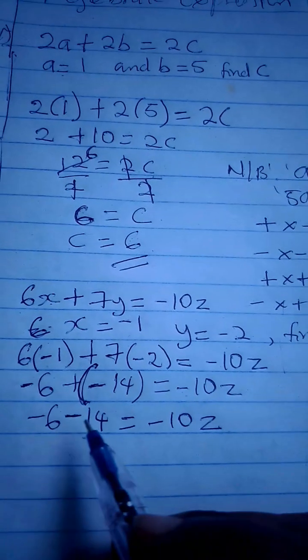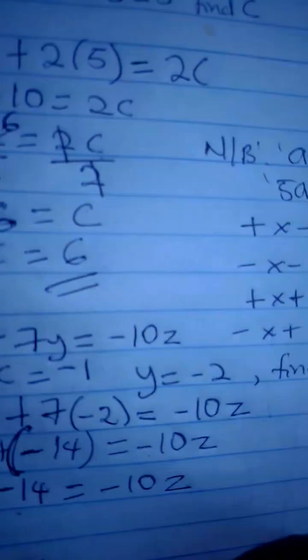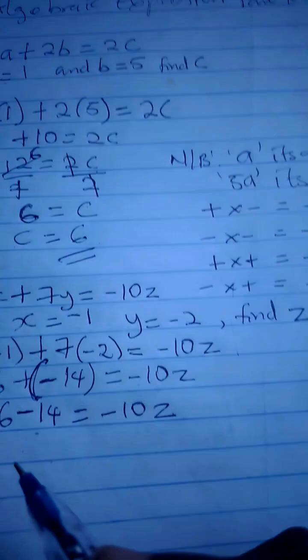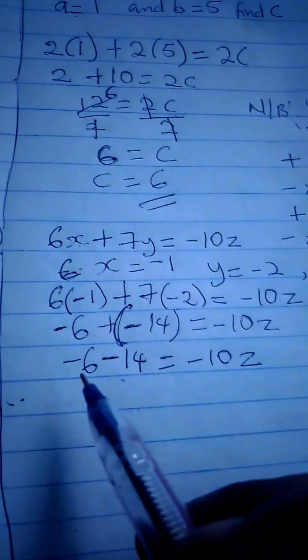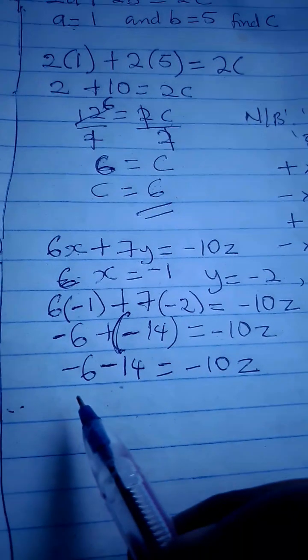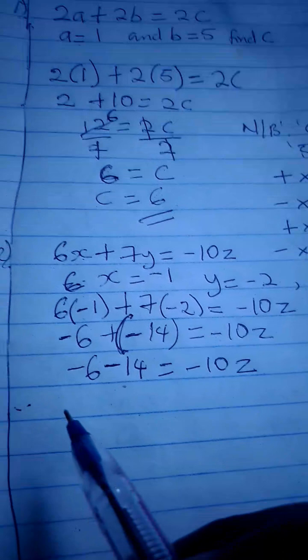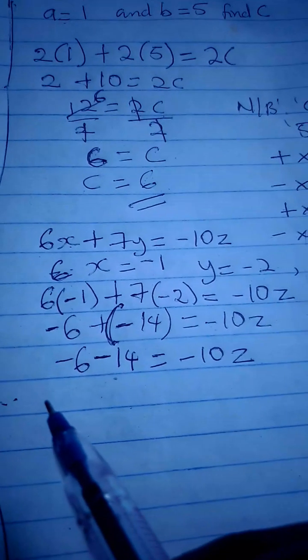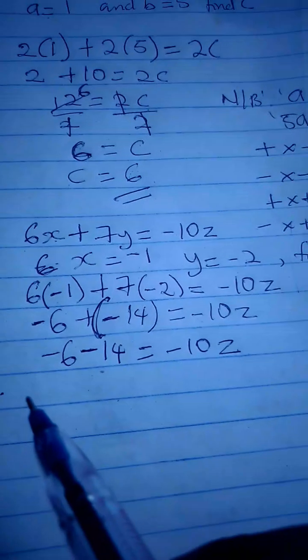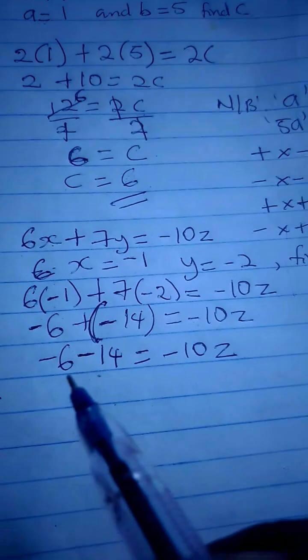So minus 6 minus 14. I gave it to you last time. There I said, when you have minus 6, like I'm owing someone $6, and I still went and borrowed from another person $14.